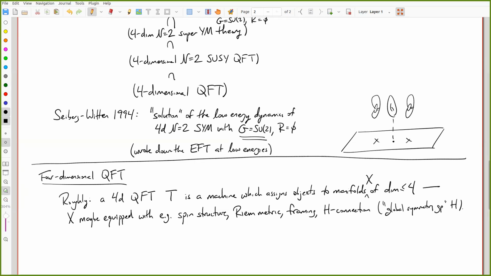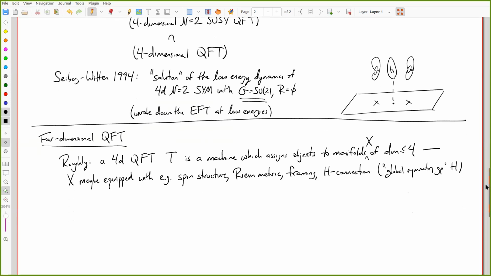Okay, so it's a machine where what you put in is manifolds equipped with all of this structure, and maybe also containing defects. They can have all this structure, and then they can also have defects supported on submanifolds.